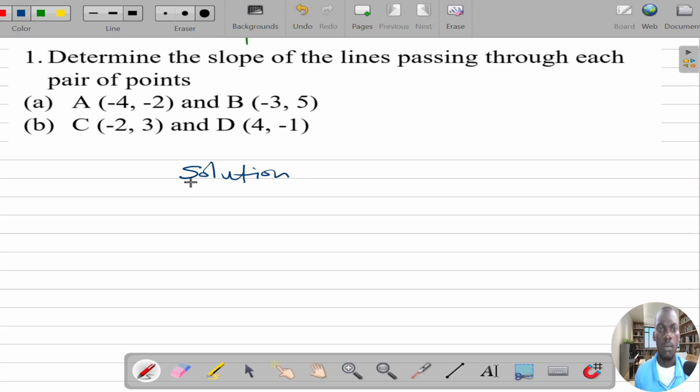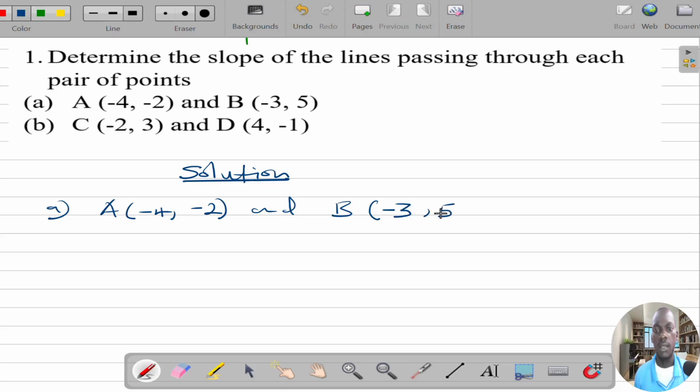For part A, remember the points given: A is -4, -2, and B is a point at the coordinate -3, 5.